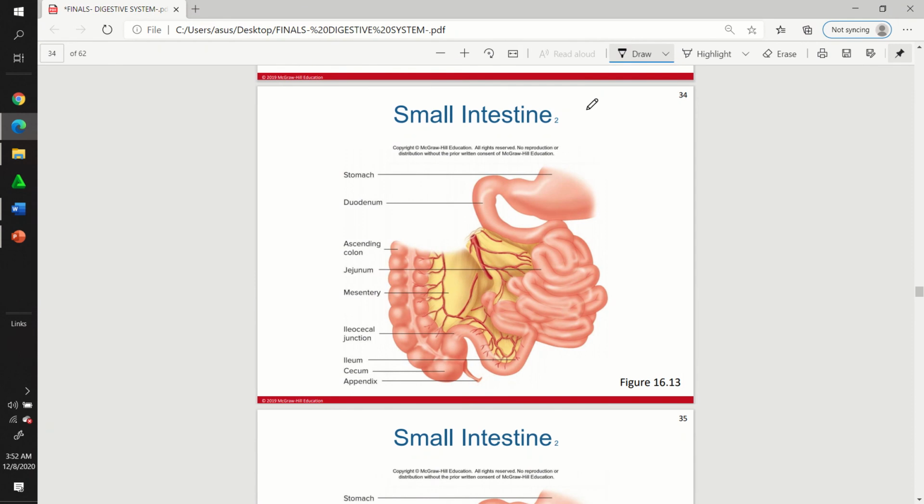Your small intestine obviously is the longest organ in the GI tract. You have to be very specific. It measures about 20 inches long. So that's around 6 meters long.